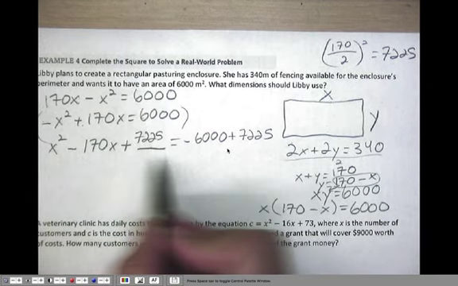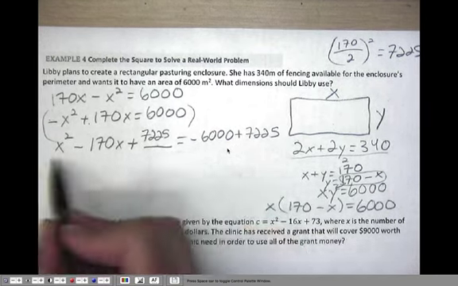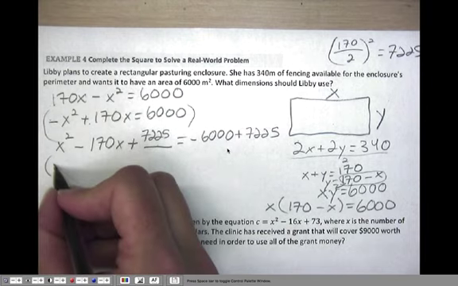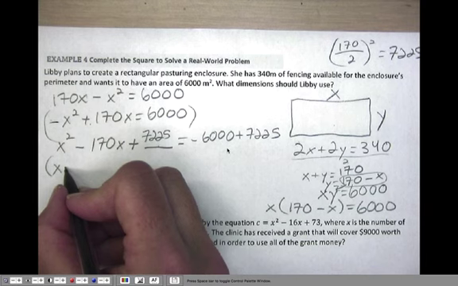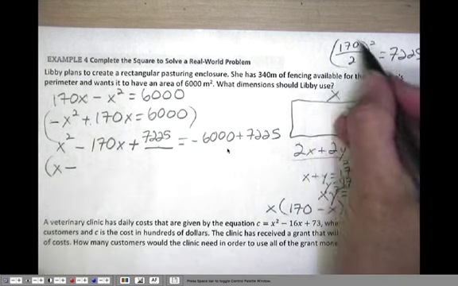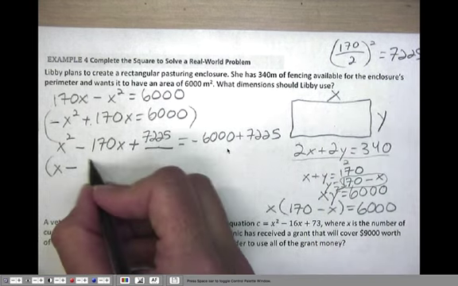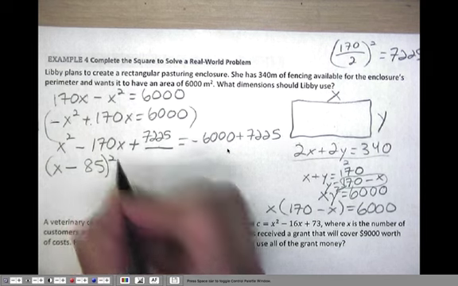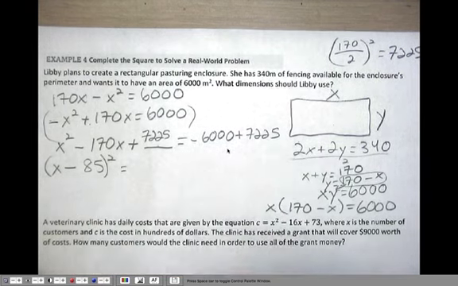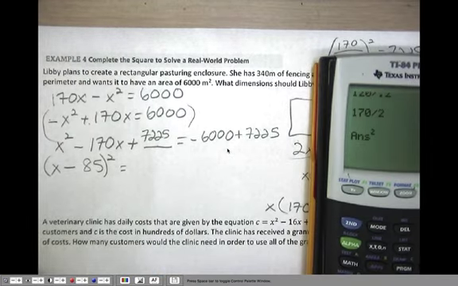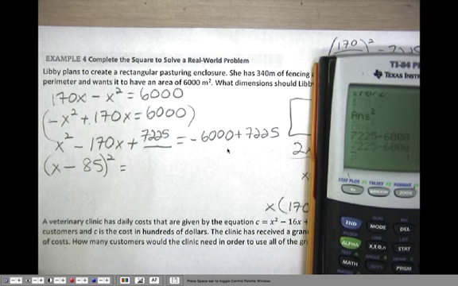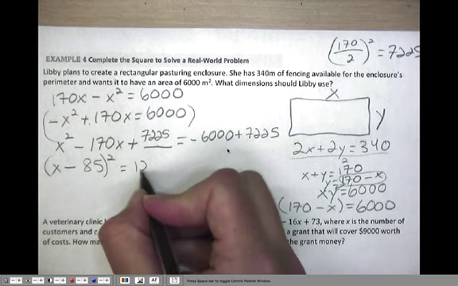By completing the square, this trinomial here can now be rewritten as a binomial squared. And it would be x minus this 170 divided by 2, which was 85, and then squared, equals, I combine my like terms on the right-hand side, so 7225 minus 6,000, and that's 1225.